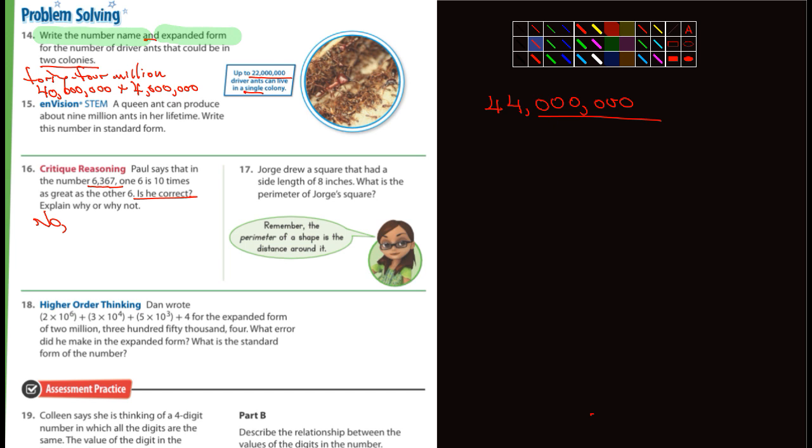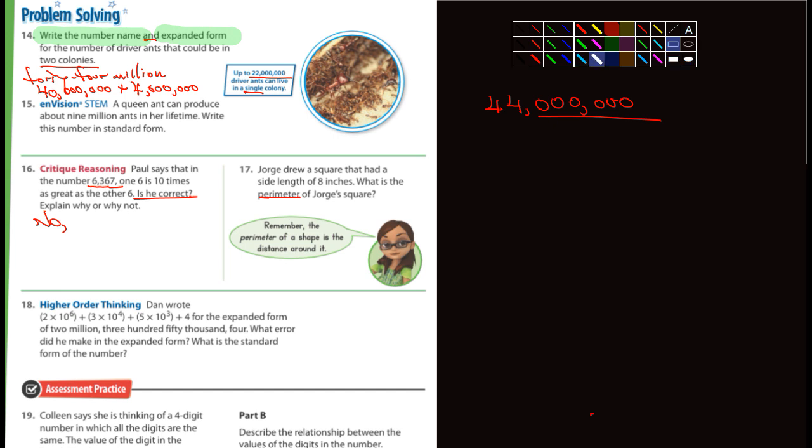Number 17, what is that, George? Is that how you pronounce that? George drew a square that had a side length of 8 inches. What is the perimeter of George's square? Well, do you guys remember what a perimeter is? Perimeter is what goes around. So here's a square, okay, and actually that's a rectangle. So let me undo that. I'll try to draw a square here.